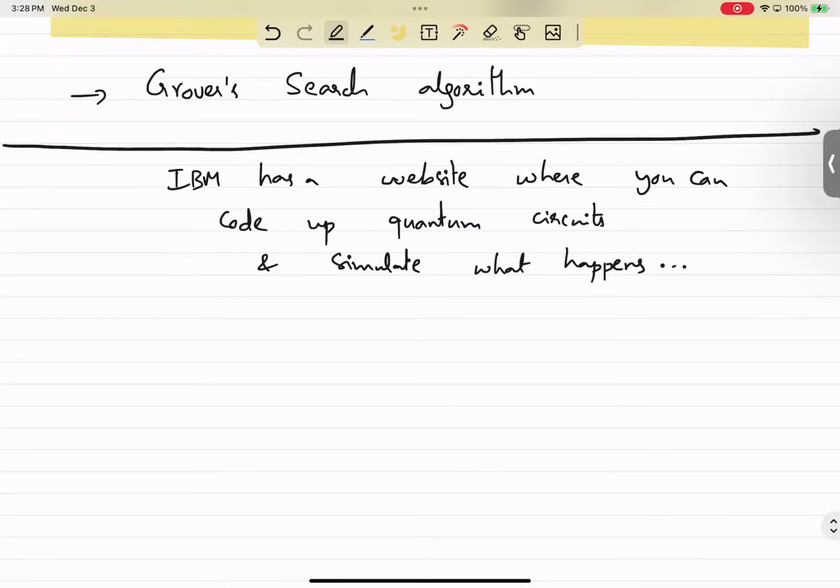They have their own language for describing quantum circuits. And then they have a simulator which tells you the answer on specific inputs. And as I said, it's not easy to compute the expected answer of a quantum circuit on a classical computer. That's the whole point. But they can do it for some small inputs.